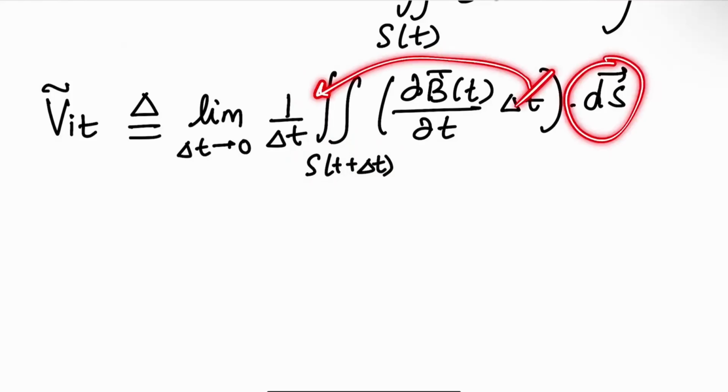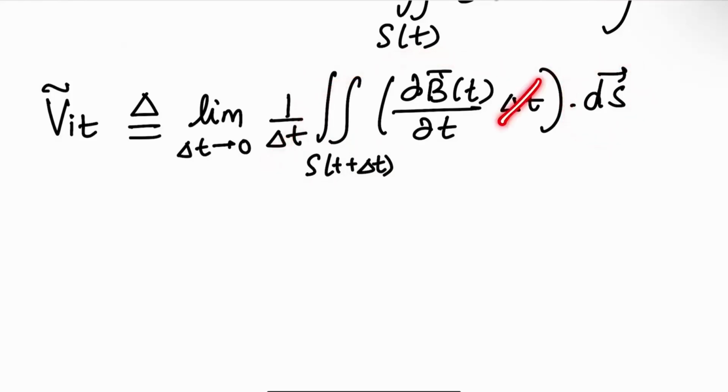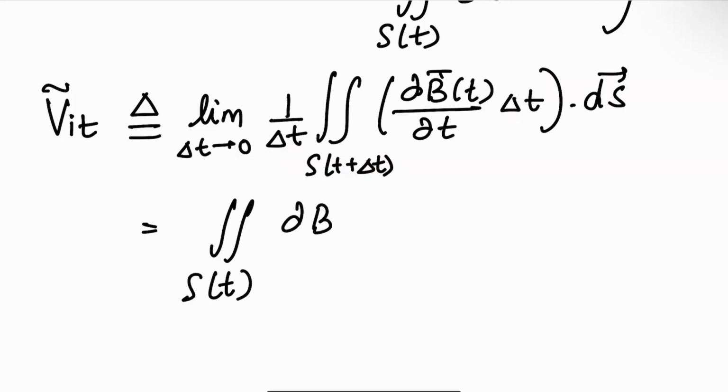I can pull it out and cancel it with this one, and then you can take the limit because you don't end up with any infinities. That gives me nothing but the integral over S of t of dB over dt dot dS.